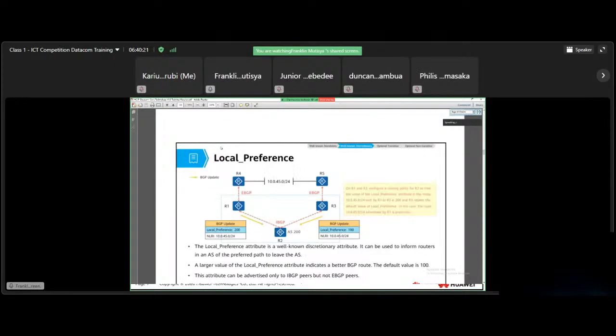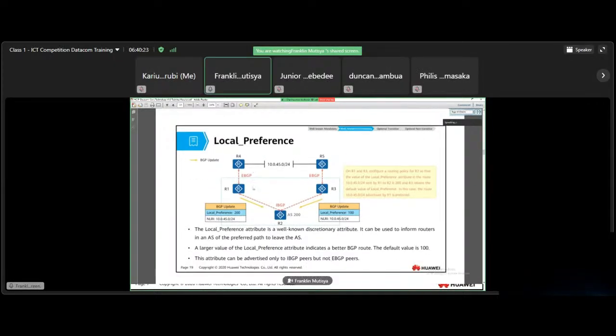Then we have local preference. A local preference attribute is a well-known discretionary attribute. So it may or may not be carried. This one is used to inform routers of the preferred path as they leave the autonomous system. This one is used on IBGP.